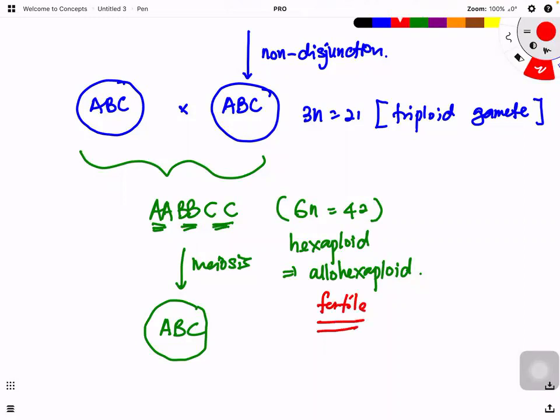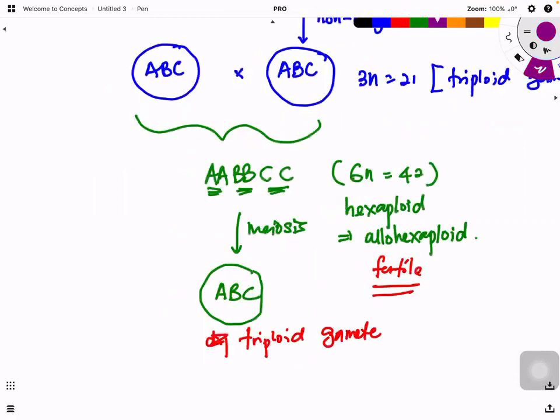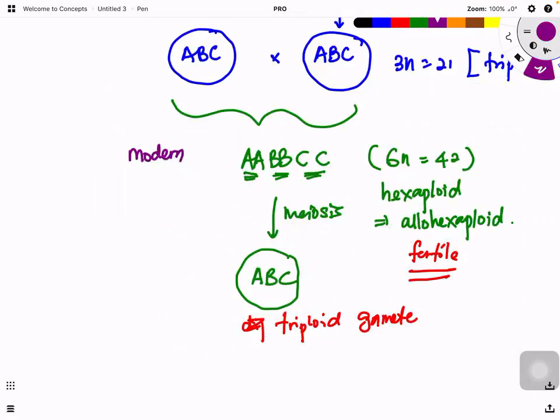AA pair up, we choose one; BB pair up, we choose one; CC pair up, we choose one to form the triploid gamete. This AABBCC is now termed modern wheat, a hexaploid with 6n equals 42.